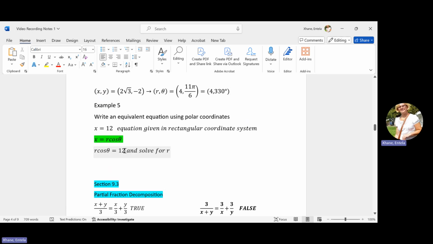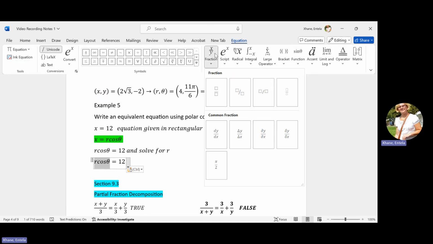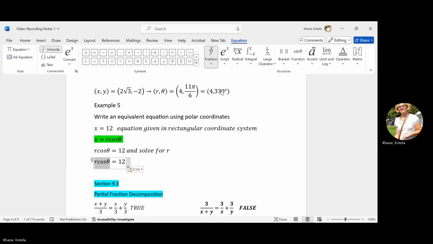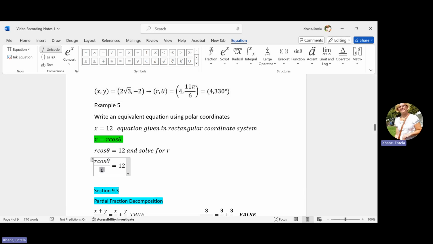So that means you're going to take this equation and then divide by cosine of theta. You are going to divide by cosine of theta.